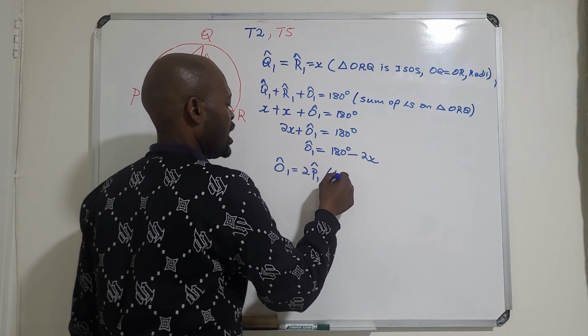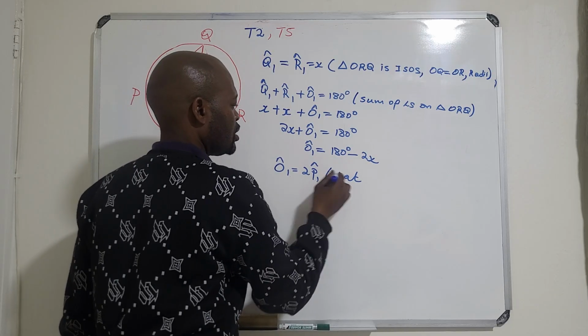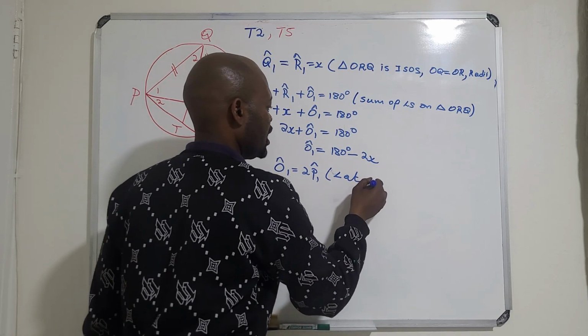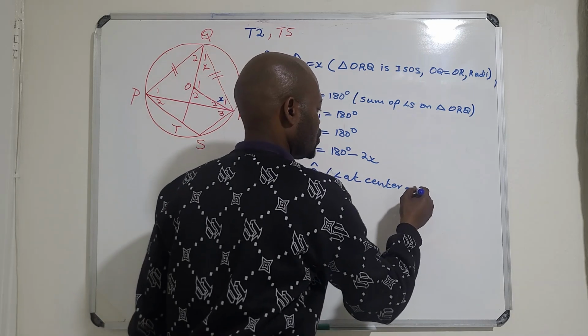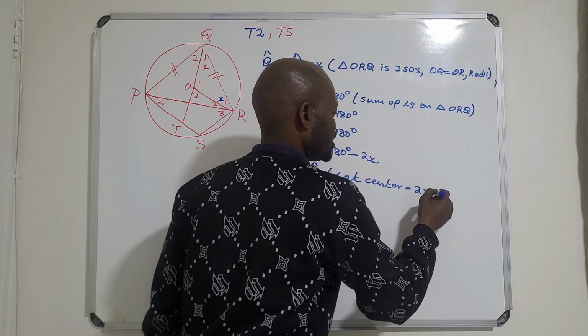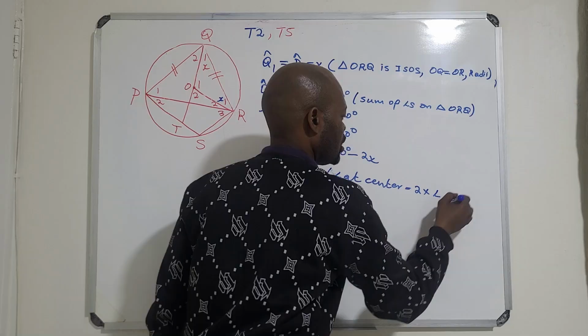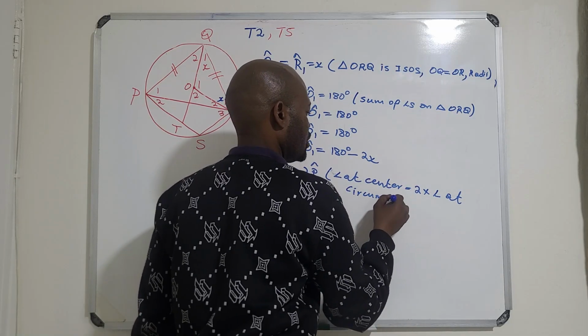Reason: angle at center is equal to 2 times angle at circumference.